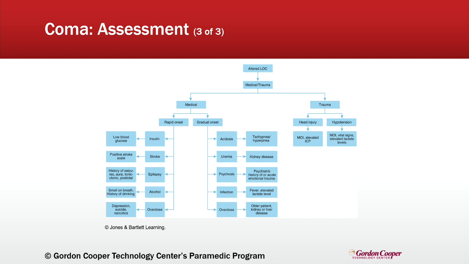So this figure shows an algorithm based on that mnemonic we discussed earlier, which can be really helpful in guiding you through the assessment and helping you determine the most likely cause of the altered level of consciousness. By following the algorithm, you can systematically work your way through the potential causes. Whether it's trauma, infection, poisoning, or something else, this will allow you to focus your treatment and move on to the appropriate area of your protocol.